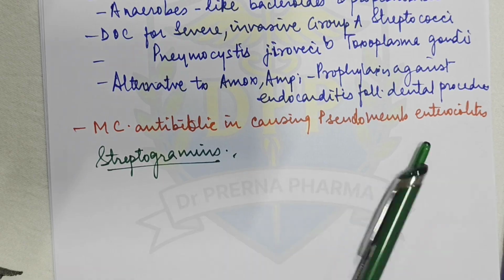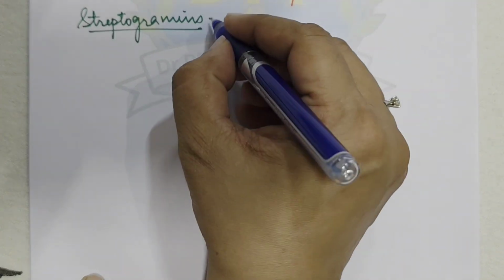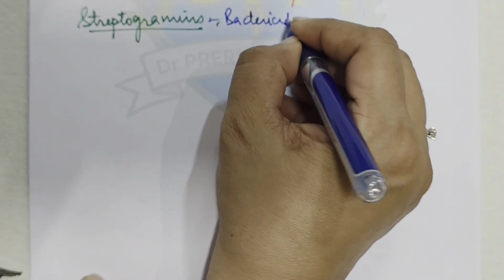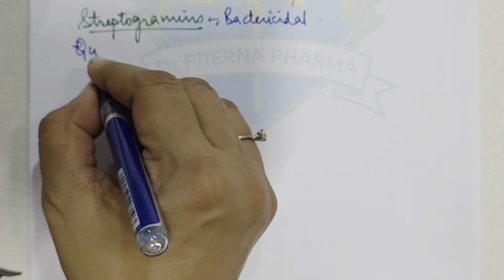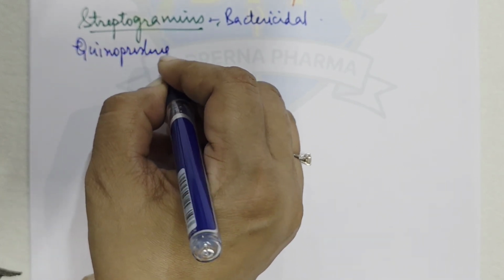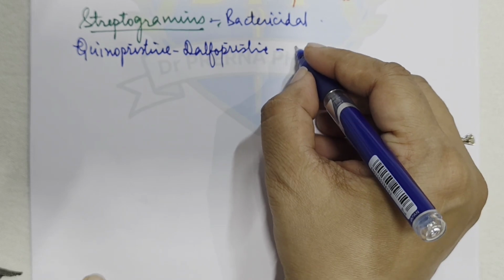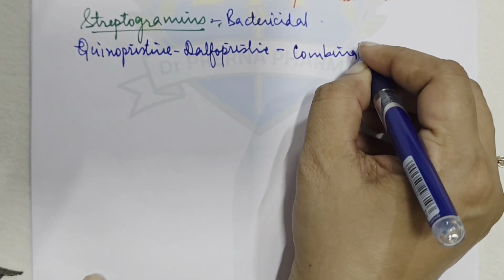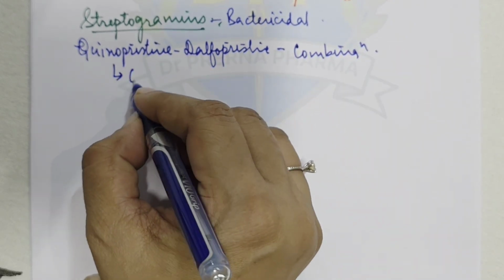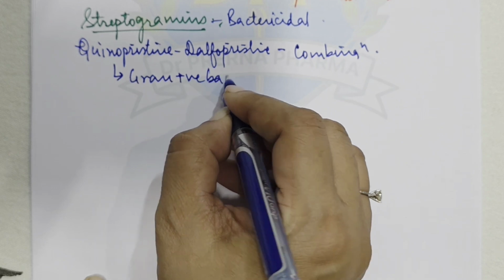Coming to the streptogramins. Now these streptogramins are bactericidal. Okay, the drugs that we have are quinupristin and dalfopristin. It is a bactericidal combination of two streptogramins. Now this combination is effective against gram-positive bacteria.